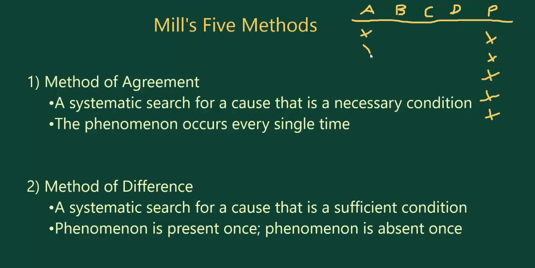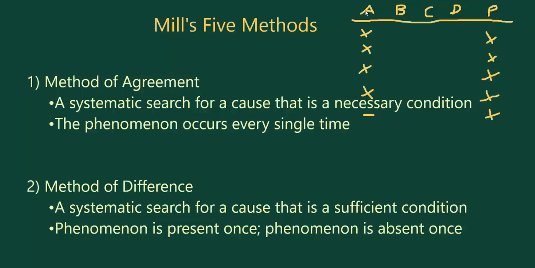Notice that as A keeps occurring with P, there's a good chance it seems that A might be a necessary condition, but if A is missing in just one case, it can't be that A is required for P.